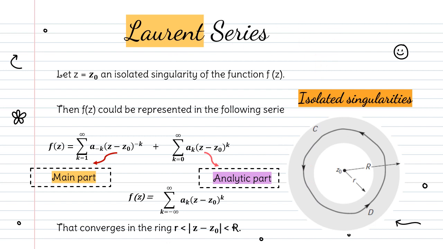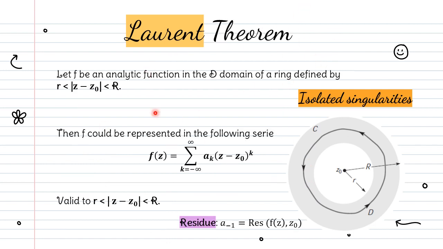As we were talking about before, in the Laurent series, the whole connection with the singularities and this power series comes to this. So we have a function that is analytic in a certain domain, okay? But this domain, the domain of a ring or a disk, however you want to call it, is defined by this condition.